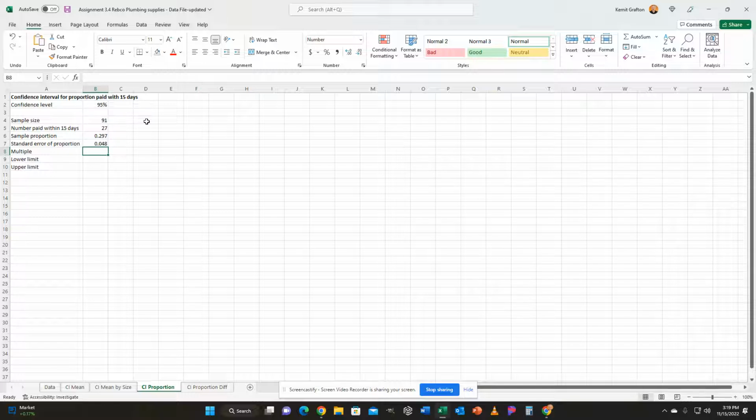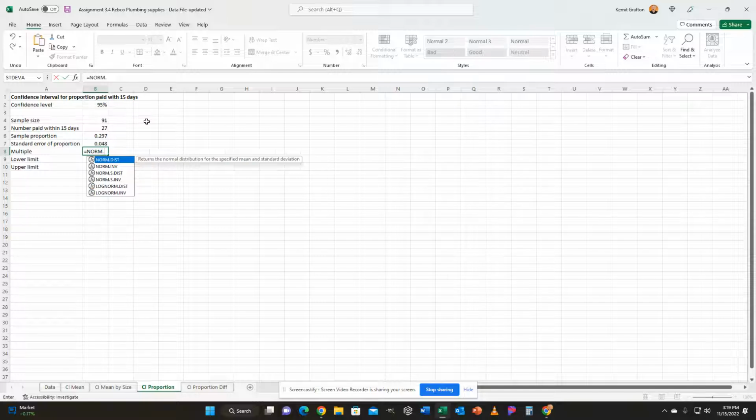Once we have that number, we subtract and add it to find our lower and upper limits. So the formula is equals NORM.S.INV, open paren, and now it wants to know the probability.